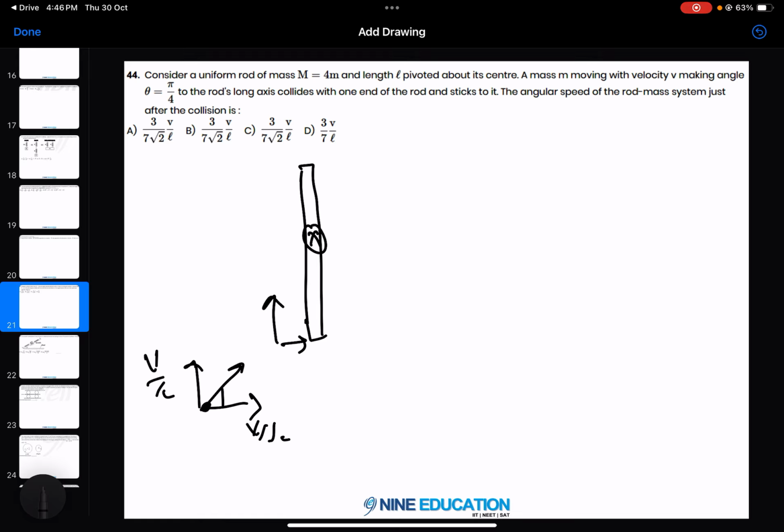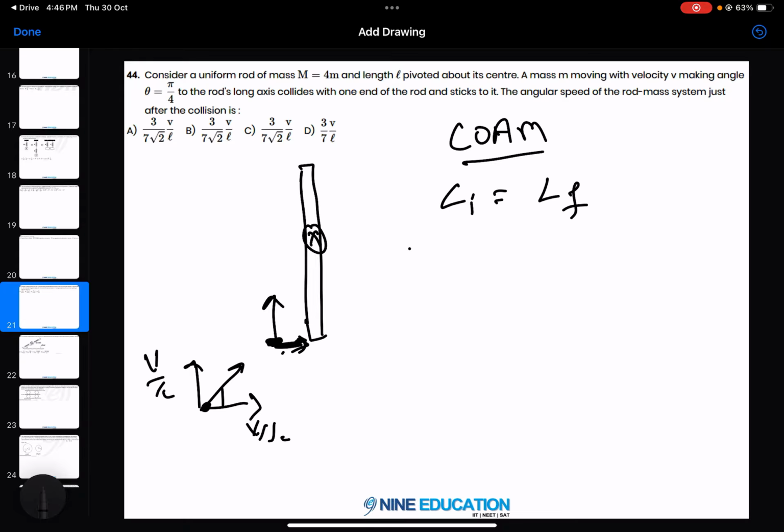So we solve this problem by conservation of angular momentum. Angular momentum initially equals angular momentum final. Only in the x direction are we conserving angular momentum of this horizontal velocity.